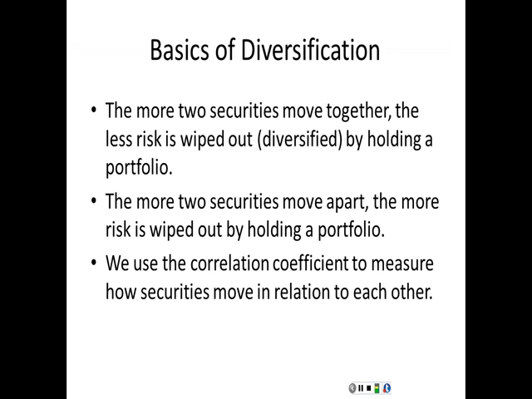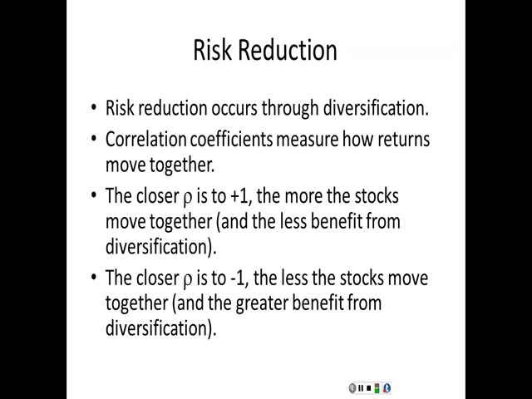We use something called a correlation coefficient to measure this degree of likeness, or how often the returns move together. So correlation can move between -1 and 1. The closer correlation is to 1, the more alike the stock returns are. So in other words, when one stock's return is up, the other stock's return is up.